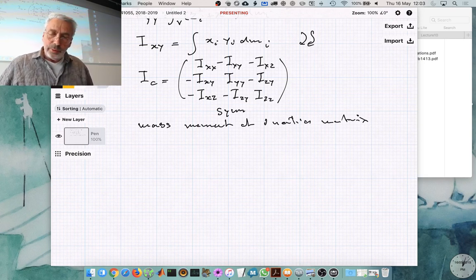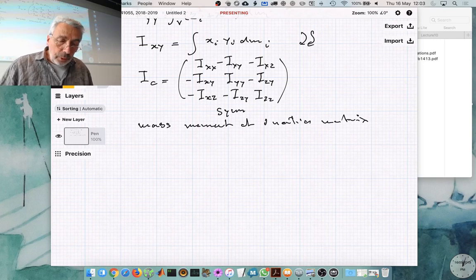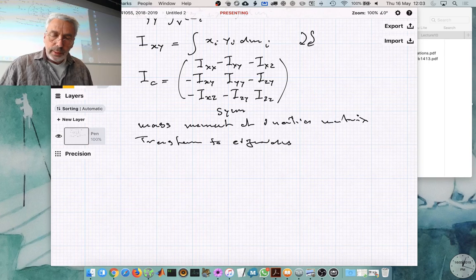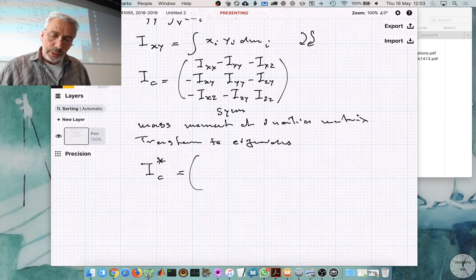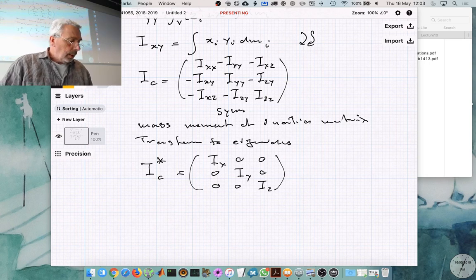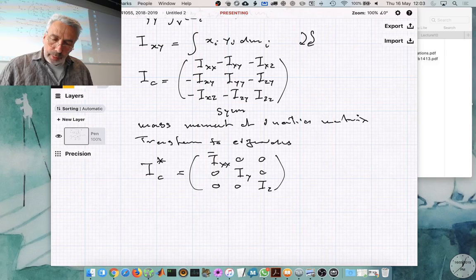So eigenvalues and eigenvectors. When we transform to eigenvectors, what do we get? Then I put a star, because the coordinates are a bit different. It's transformed. But then the matrix has this form with only these numbers on the diagonal, and here all zeros. And in the book I put a bar on top of it.